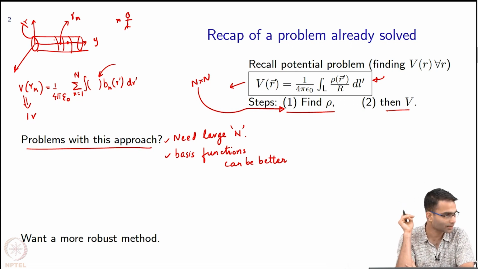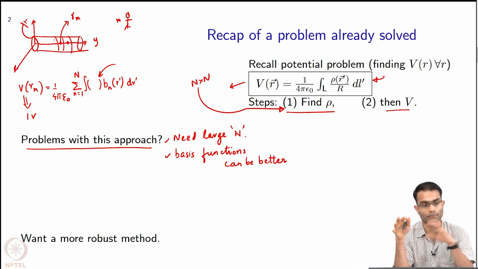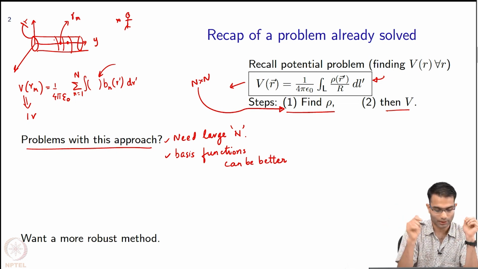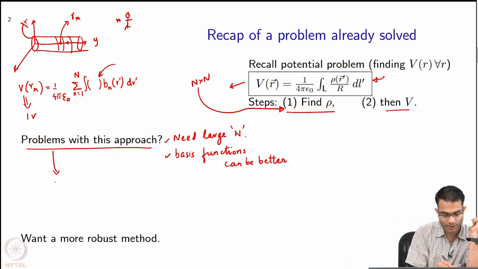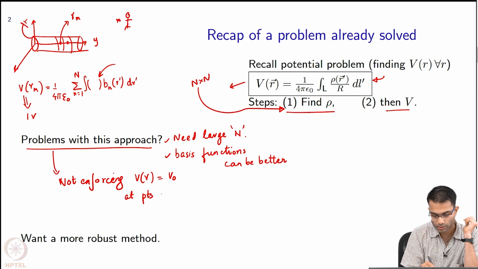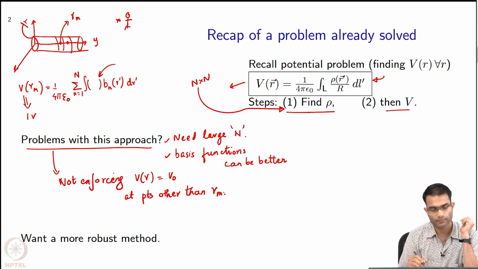Right? So the answer is yes, and that is what the method of moments tries to do. So what we did over here was essentially we discretized the integral equation and solved it, right? So the main problem with this approach is that we are not enforcing V of r is equal to V naught at points other than Rn.